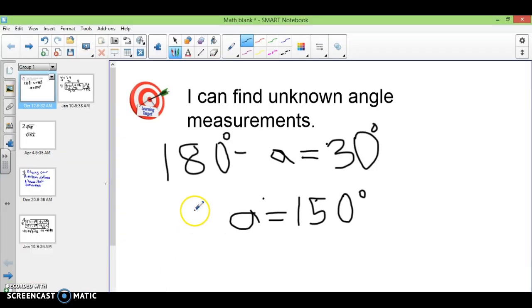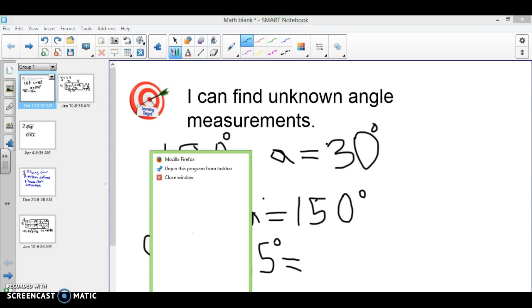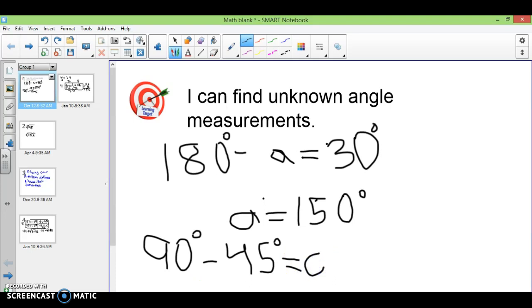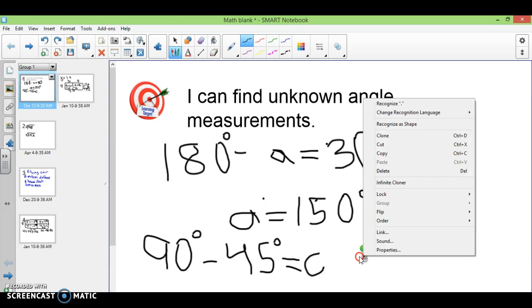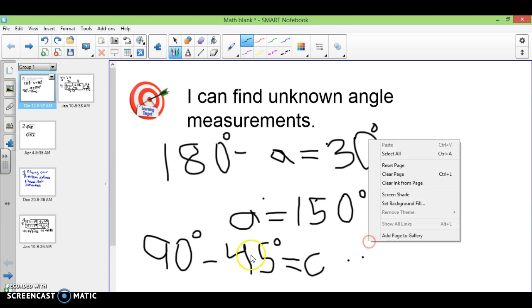So my equation that I could write here would be, I could do this as 90 degrees minus 45 degrees equals C. So I know that C equals 45.